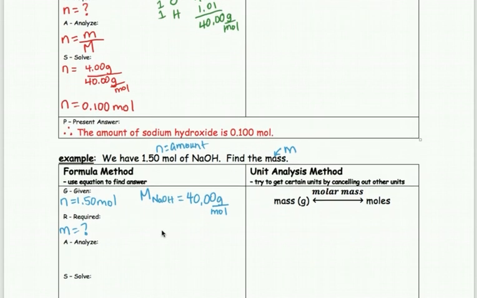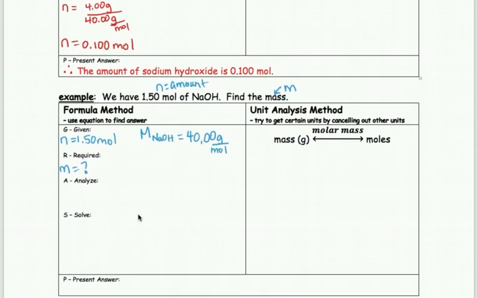So from there, you have your amount, you have your molar mass, you need to find your mass. An analyze step is, let's go look at our formula. Here it is. The formula is set up equal to finding the amount, but right now we don't have the amount, so we need to rearrange it. It's solved for m. This is just a little bit of solving with math.